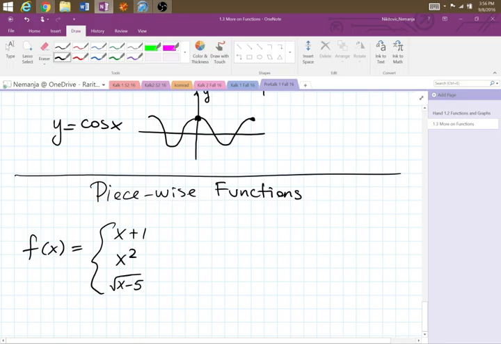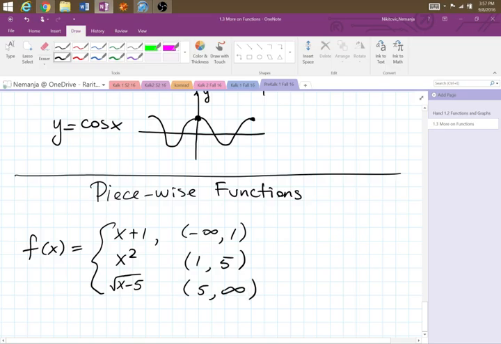All right. Let's say the first one is on the domain negative infinity to 1, and then the second one is on 1 to 5, and then this one is on 5 to infinity. So these are the respective domains.